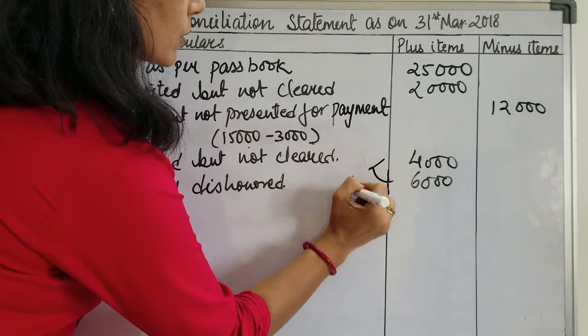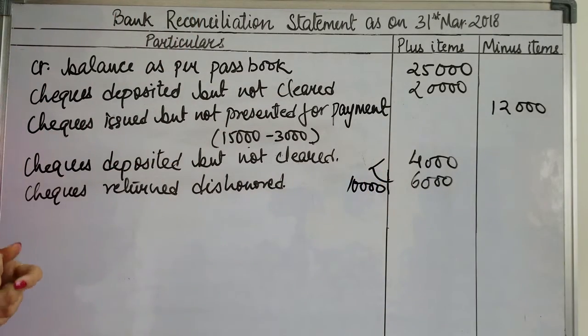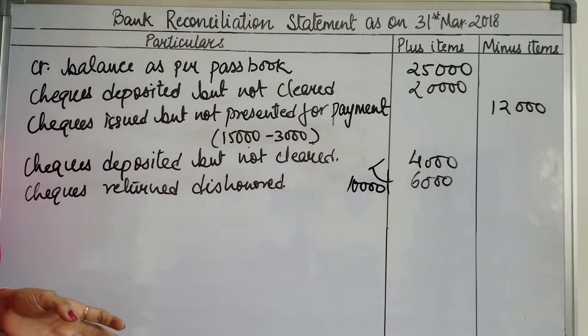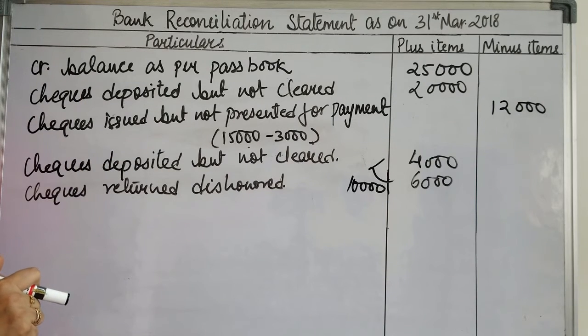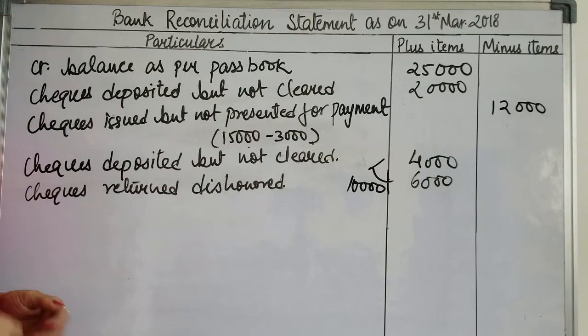The total amount of checks deposited but not cleared was rupees 10,000. Out of this 10,000, 4,000 were cleared on 2nd April, which is after the date of preparation of the bank reconciliation statement, so this 4,000 will also be considered as checks deposited but not cleared.